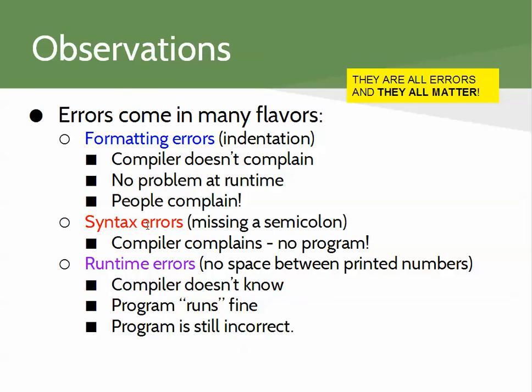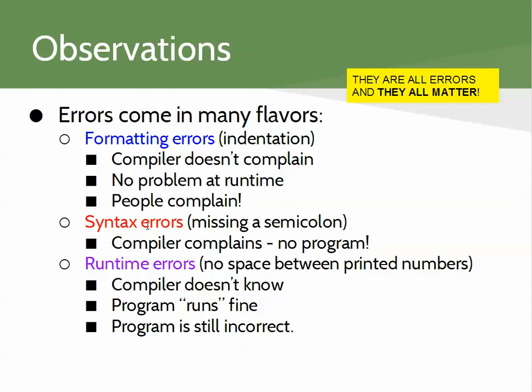The last type of error that we might see in our programs, and these are probably the most common, are runtime errors. They're errors that the compiler really has no idea about because the compiler doesn't know what you're trying to do. Only you know what your program really should try to do. So the program will run, but the program will output the wrong information.